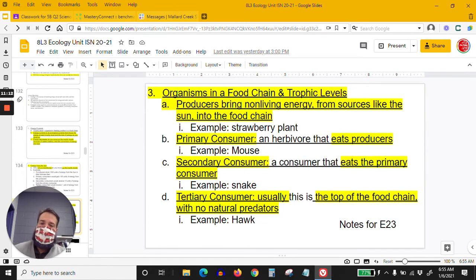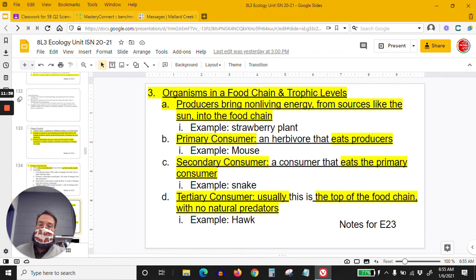All right. Producers bring non-living energy from sources like the sun into the food chain. That's the function of producers. They take non-living energy and turn it into usable energy for the food chain. Maybe I shouldn't have worded it that way.